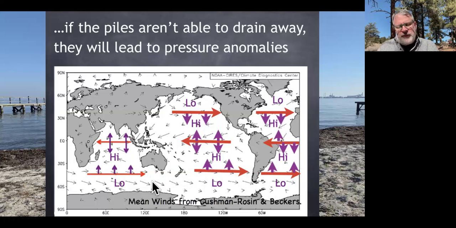Which way does the geostrophic flow go in the Antarctic circumpolar current, given the fact that we're expecting high pressure to the north and low pressure to the south? Any guesses? There's only two guesses here. Eastward or westward?